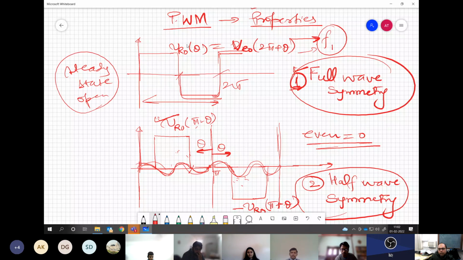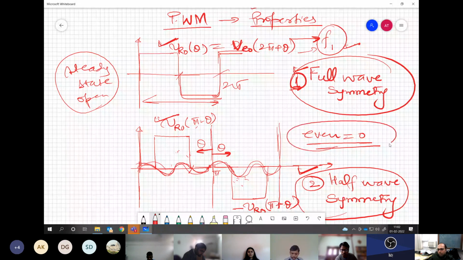So this property must be fulfilled. If we keep these kinds of things, we can ensure that we have a fixed fundamental, and the even harmonics and also the DC are both going to be 0 if we maintain half wave symmetry. Understanding my point?